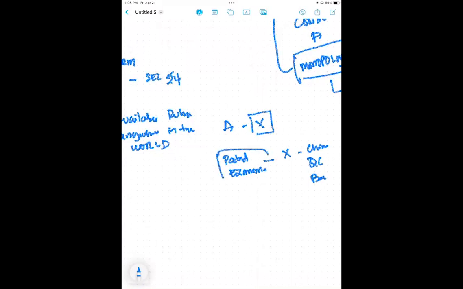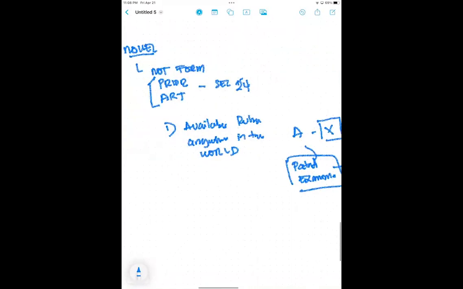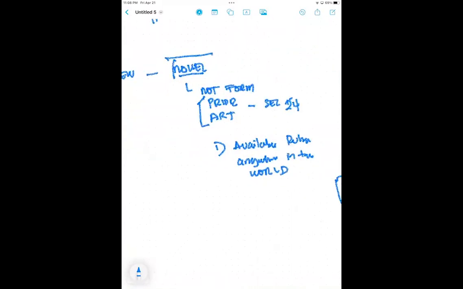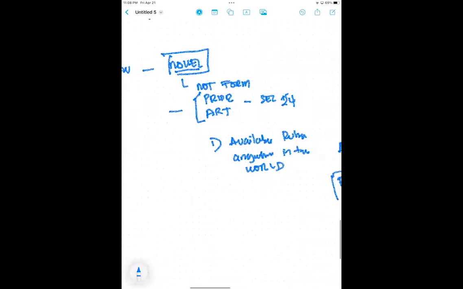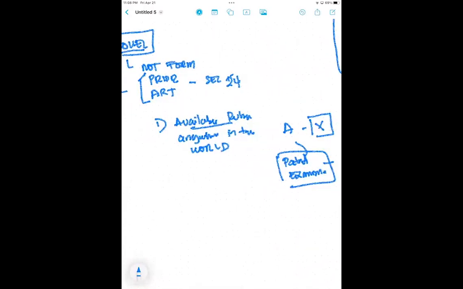Should the patent examiner grant the application of A? Answer no. Why not? Because it is no longer novel. It forms prior art. Okay, bakit siya prior art? Because the facts show that it is already available in China, Bangladesh, or Quezon City.